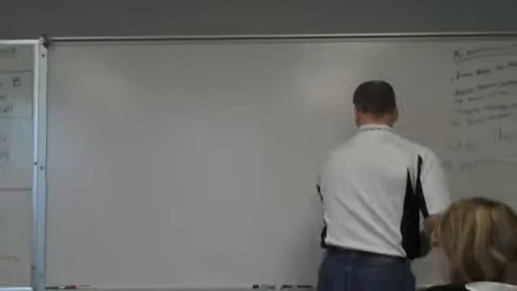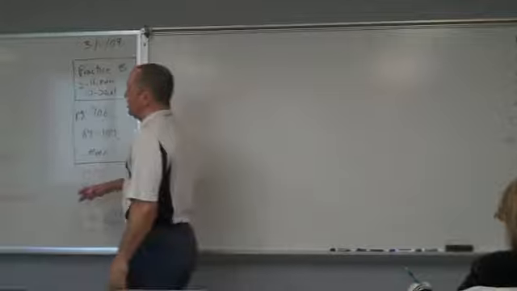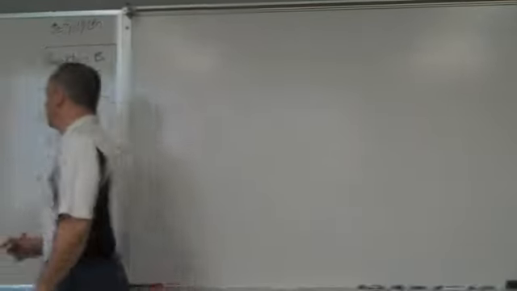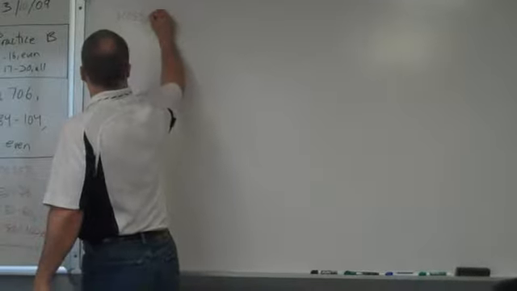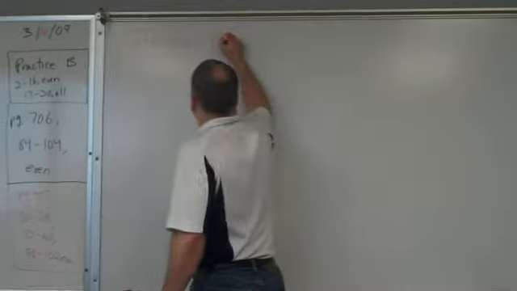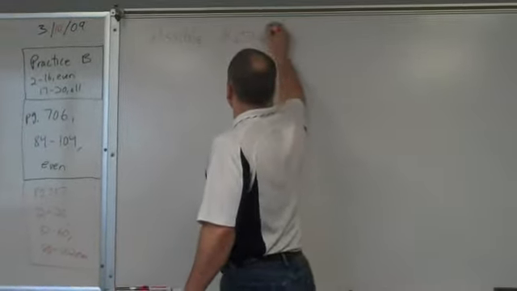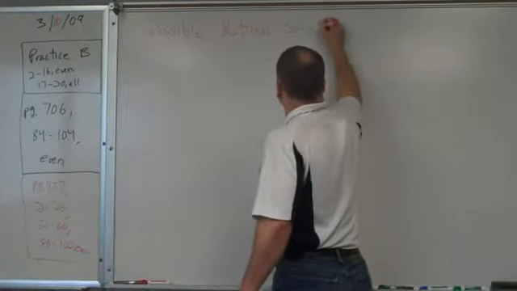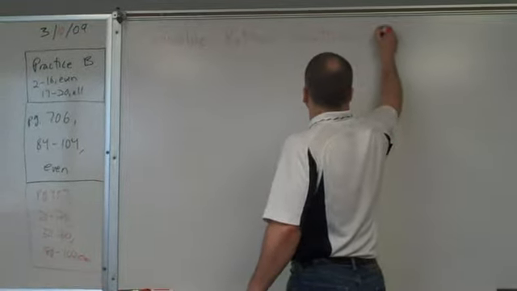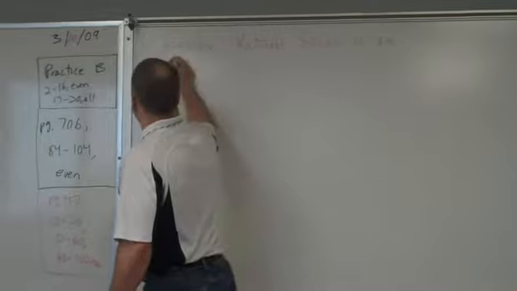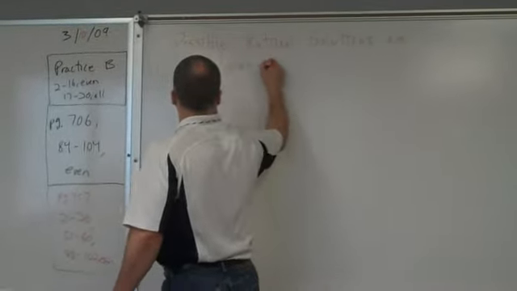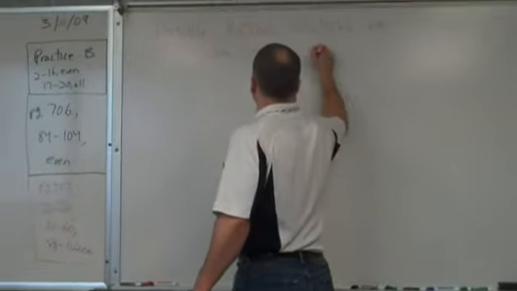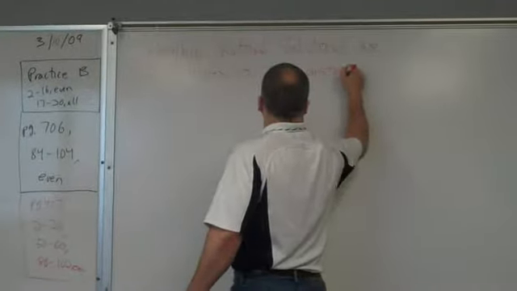Under this situation, leading coefficient is 1 and looking for rational solutions. Here's the rule. Possible rational solutions are positive and negative multiples of the constant term.